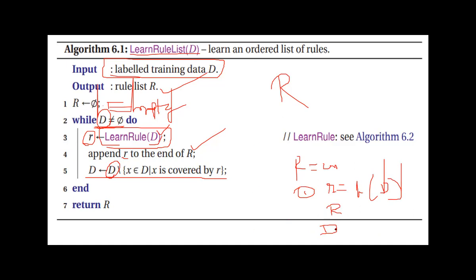Repeat this until D becomes empty. As simple as this. This is learn rule list. And we have to learn this learn rule. Let us learn that also now.